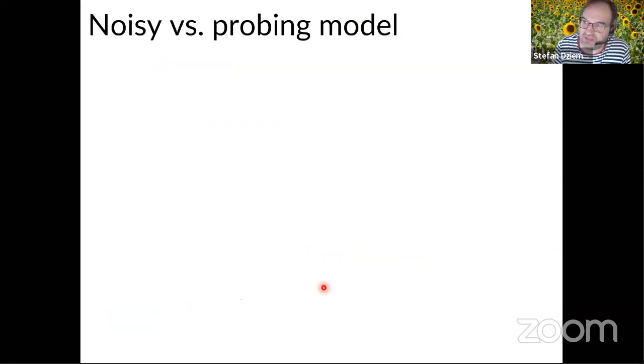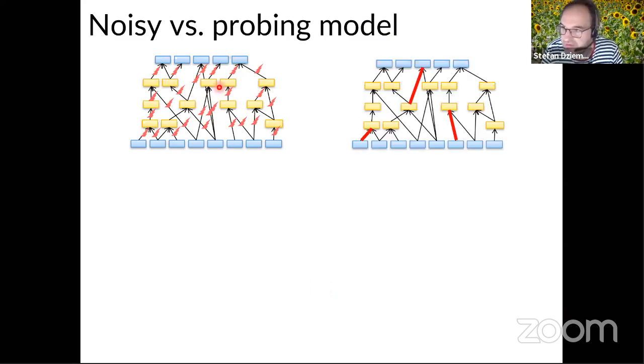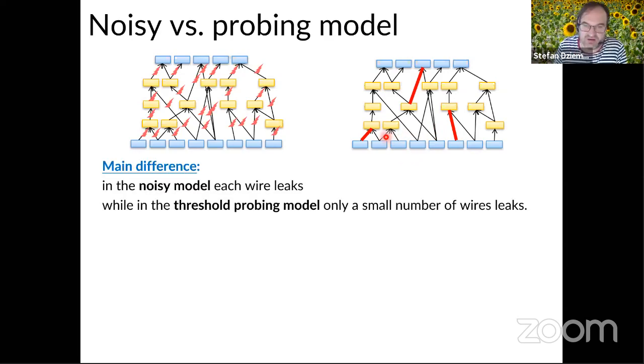So it looks quite different from the probing model. If you look at the noisy model versus the probing model, the noisy model looks like this: everything leaks, and the probing model looks like this. The main difference is that in the noisy model, every wire leaks, while in the probing model, only a small number of wires leak.